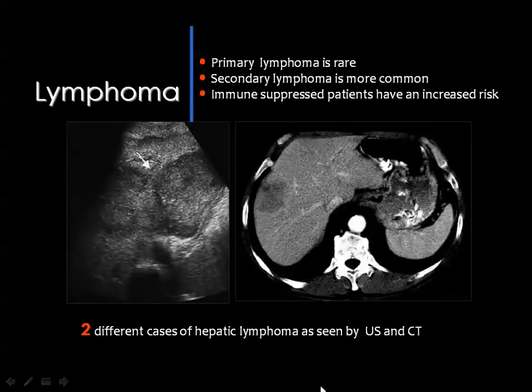Then we came to the third issue in this group, which is lymphoma. Primary lymphoma of the liver is rare, while secondary is more common and is seen in immunosuppressed patients in most of the cases. But lymphoma in the liver has no specific diagnostic criteria, either by ultrasound or by CT or by MRI.